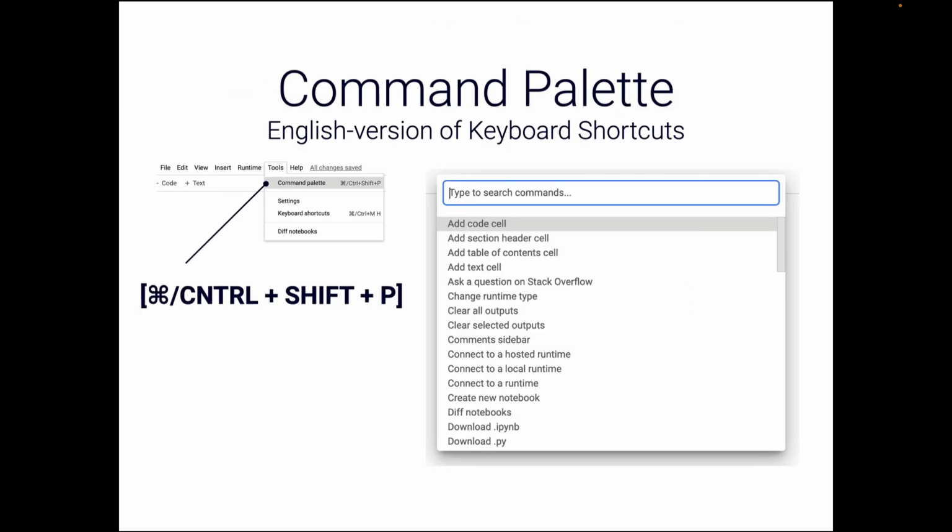If you're not comfortable remembering shortcuts, you can access the command palette. The command palette is an English way of determining an action that you can use. So if I wanted to add a code cell, I could say add code cell, press enter, and then the command palette would automatically convert that query into the desired keyboard shortcut and action.